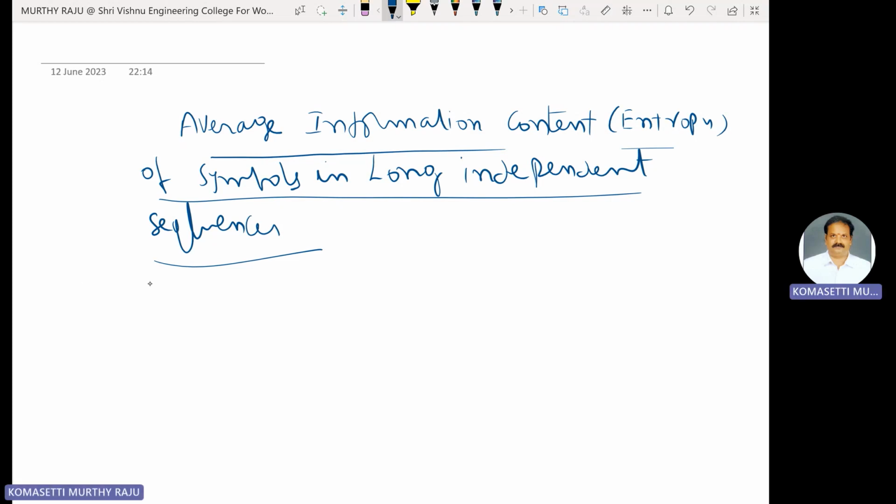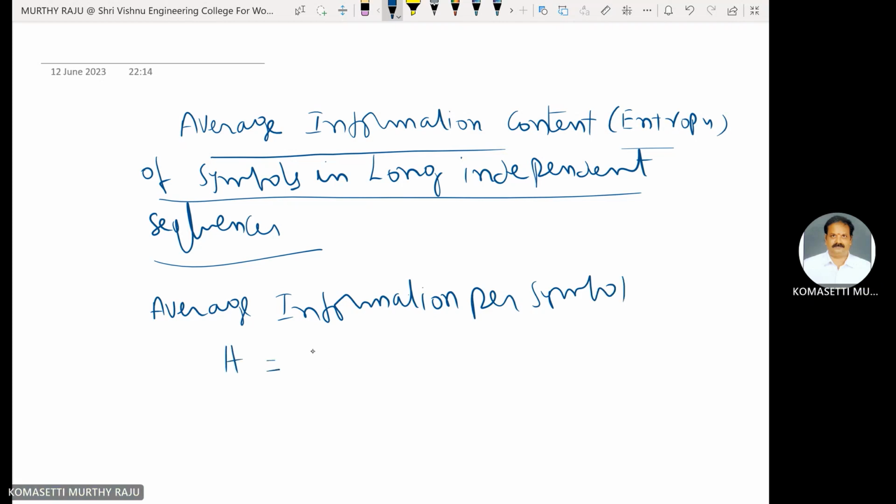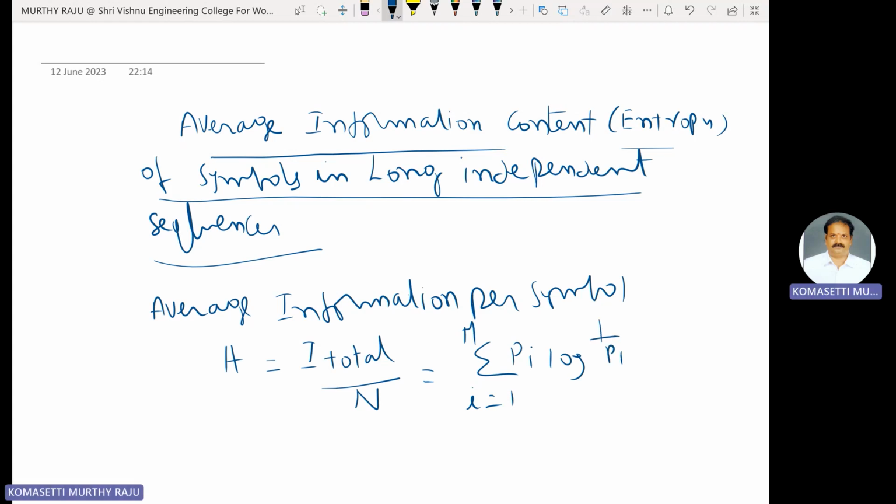The average information per symbol, that is entropy H. H is equal to I total by N, which is equal to sigma i equals 1 to M, Pi log 1 by Pi base 2, bits per symbol.